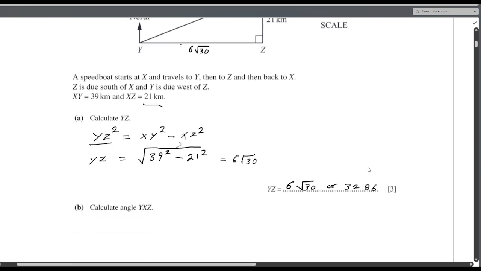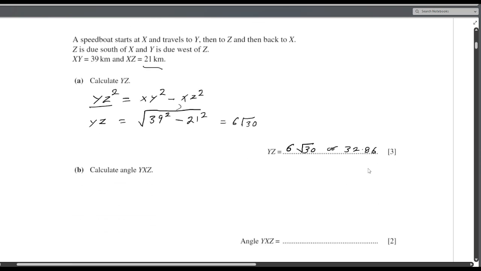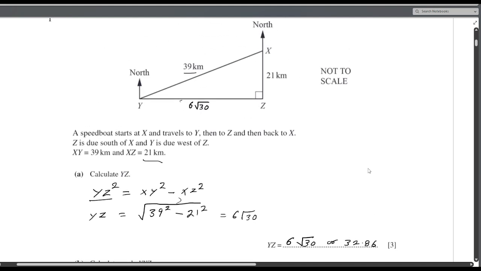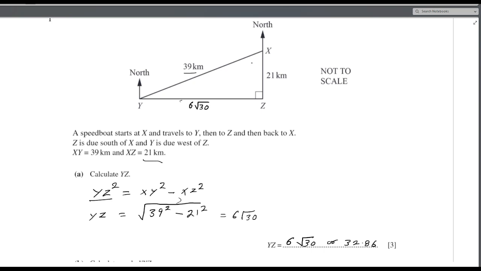Now the problem is to calculate angle YXZ. This is the angle I need to find out.